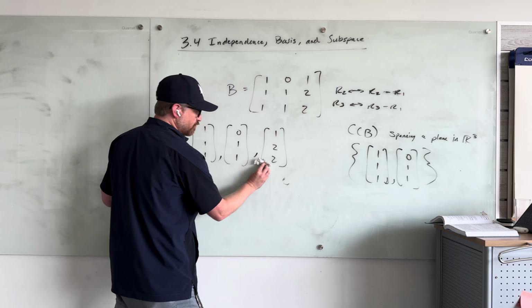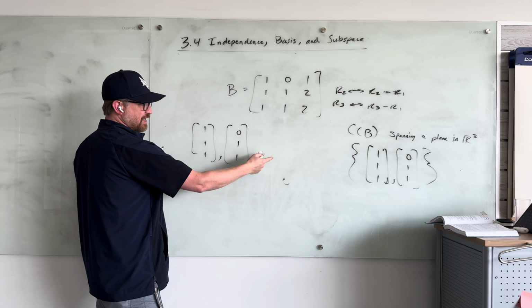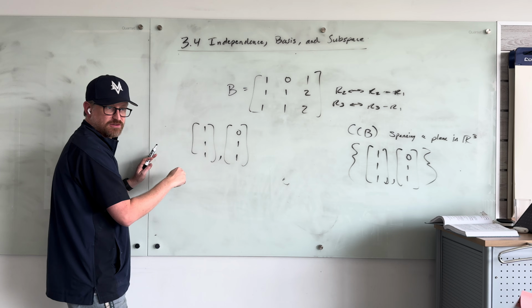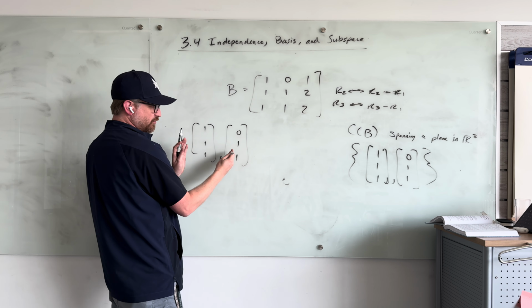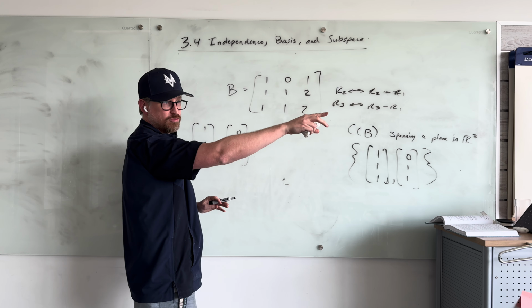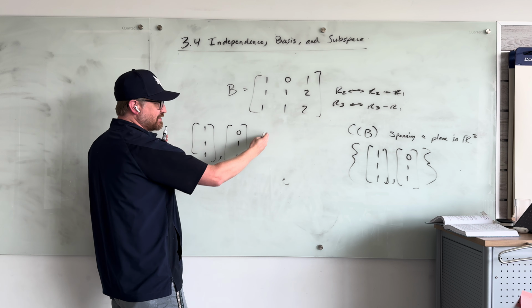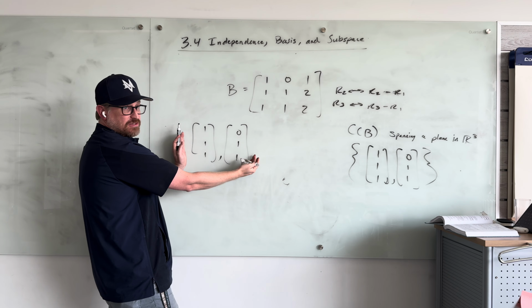But if I remove this vector, even though it kept me in the same space, we now have formed a basis. Remember, adding this third column is just a multiple of these, so it doesn't take us anywhere new. It keeps us in that plane, in the column space. But we didn't have a basis if I included it. By removing it, we now have a basis.